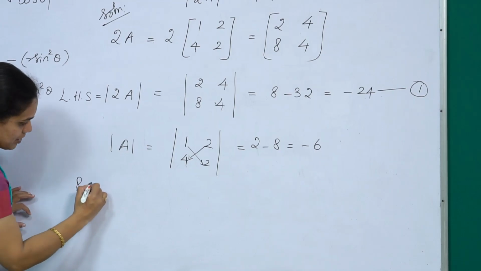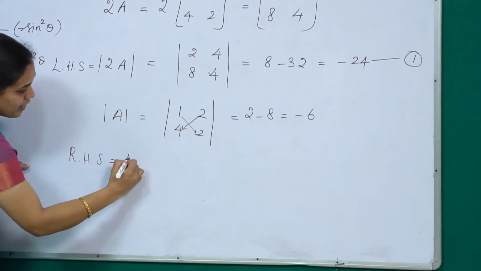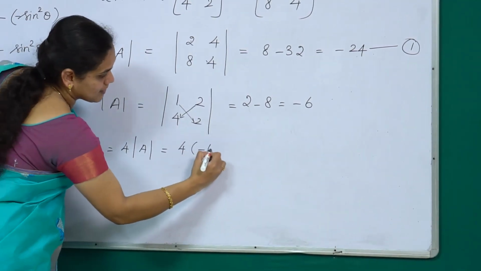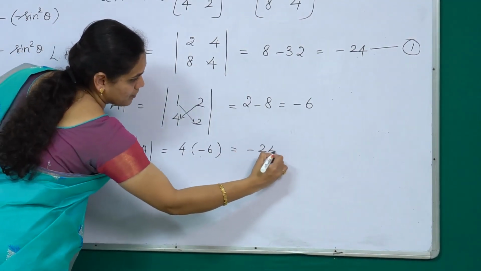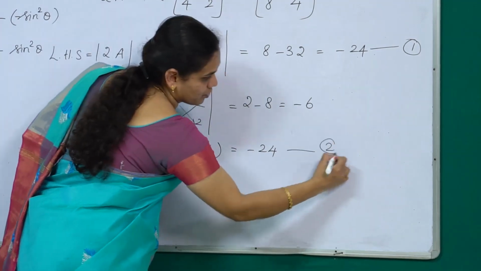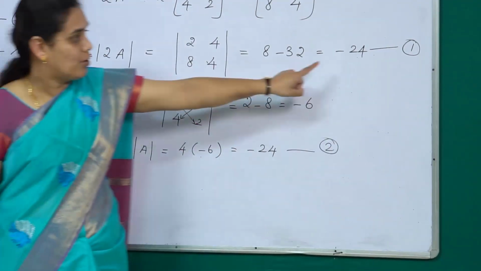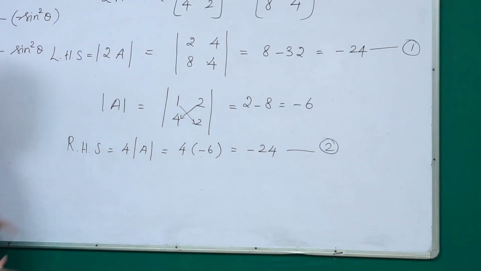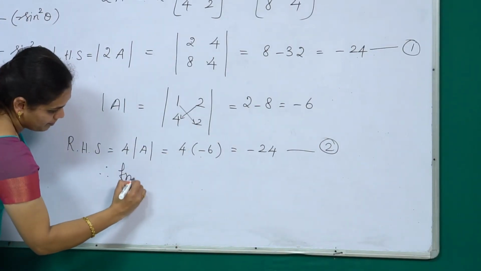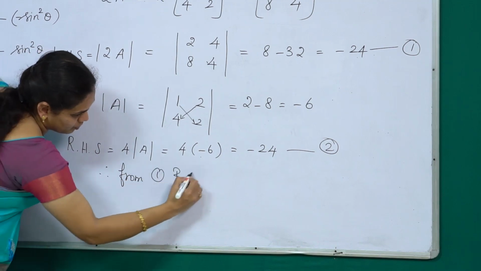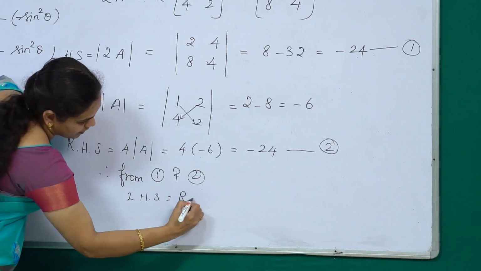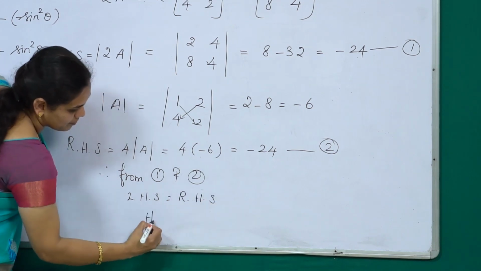Then our RHS is 4 times minus 6, that gives us minus 24. This is 2. See, 1 and 2 give the same answer, that is LHS equals RHS. Therefore, from 1 and 2, LHS equals RHS, hence proved.